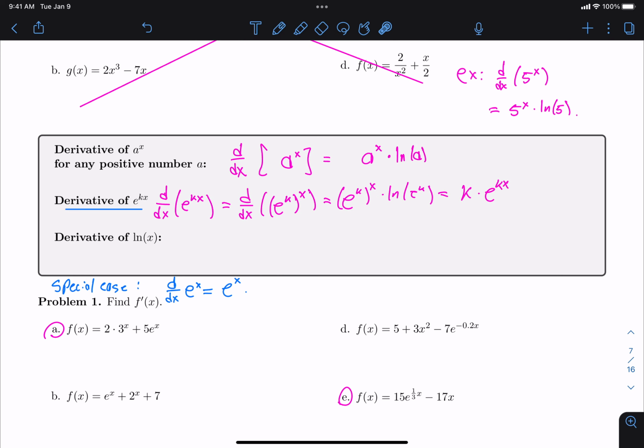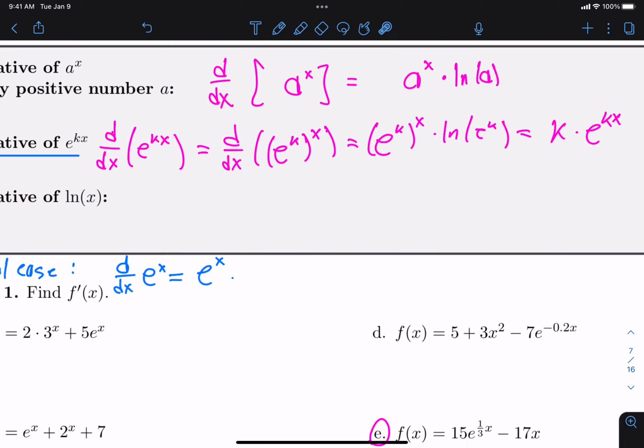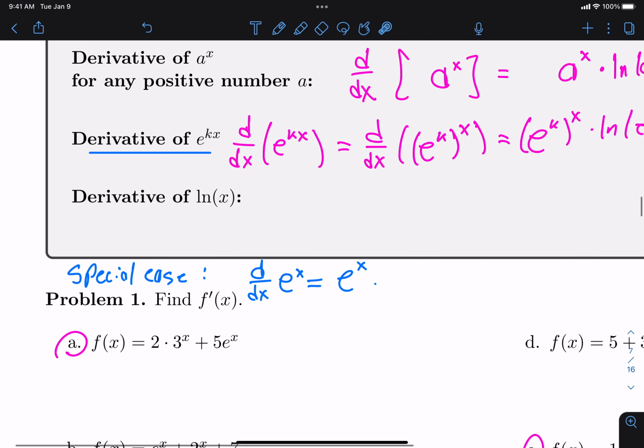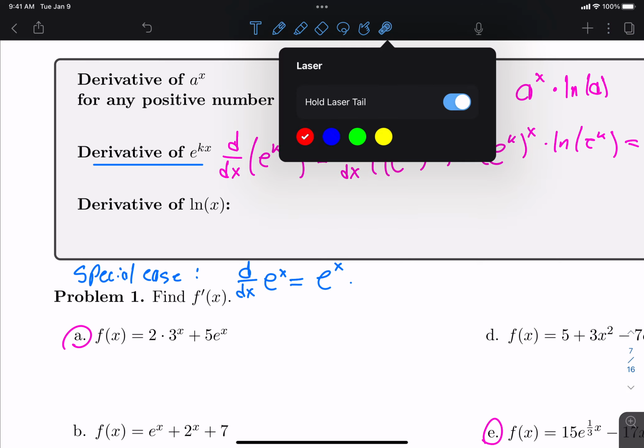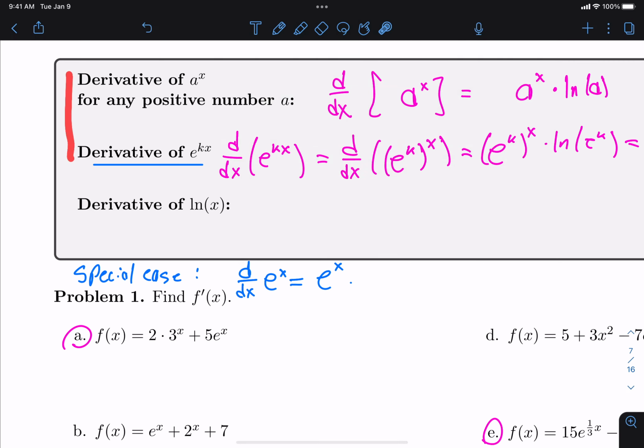So we saw a to the x and e to the x. I think we're ready to do problem 1a in light of these two new rules plus another rule. What other rule besides these two am I going to need to use to take the derivative in part A? Well, two other rules, really.